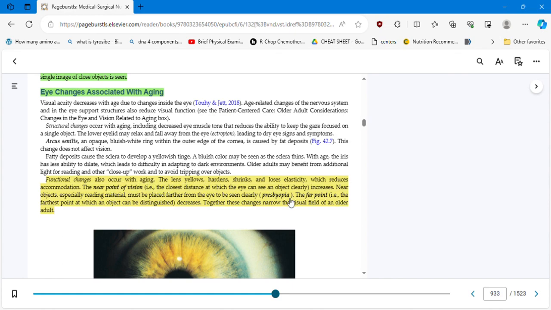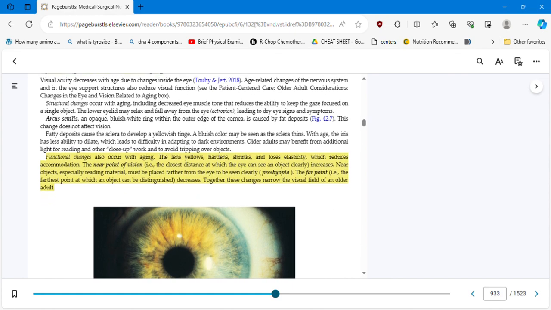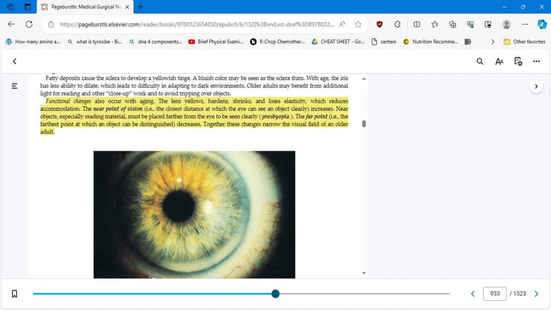The lens yellows, hardens, shrinks, and loses elasticity, which reduces accommodation, right? And we know accommodation is the fast reaction when somebody is seeing far. For example, if the doctor asks you, could you please see the wall, and then come closer and see my finger, right?